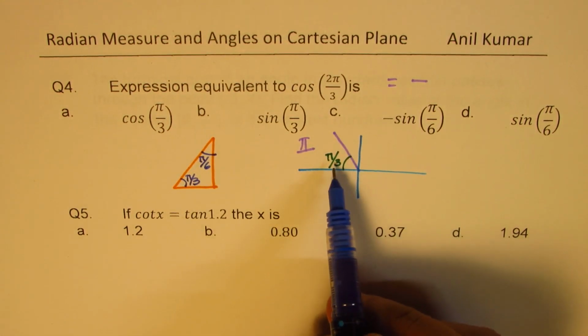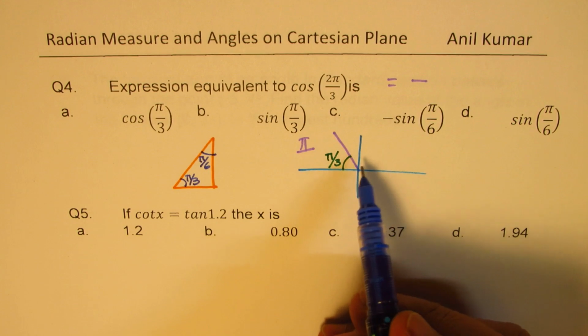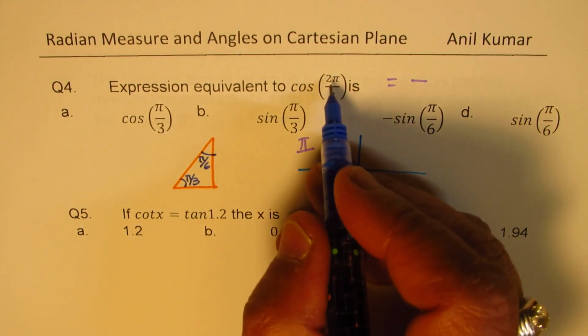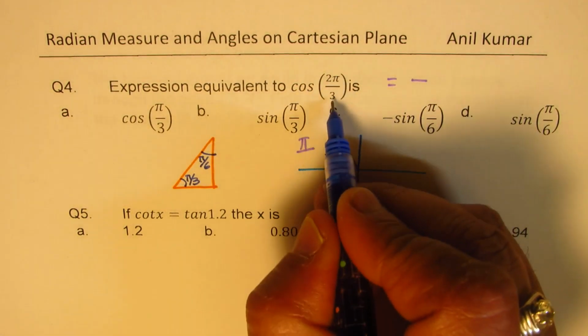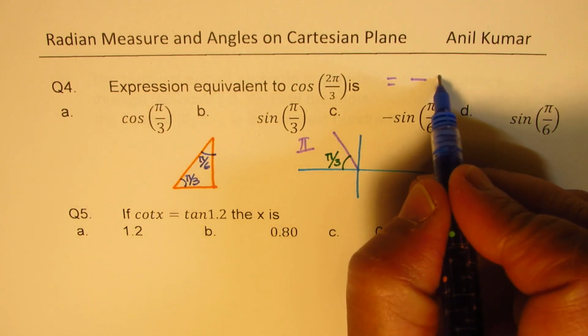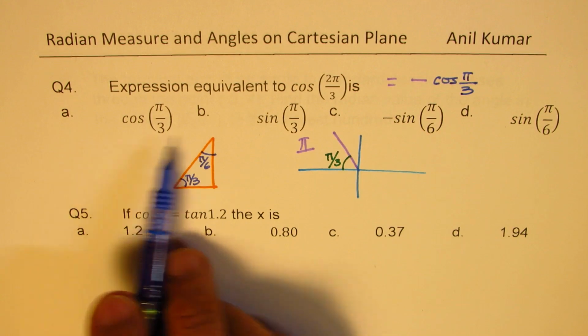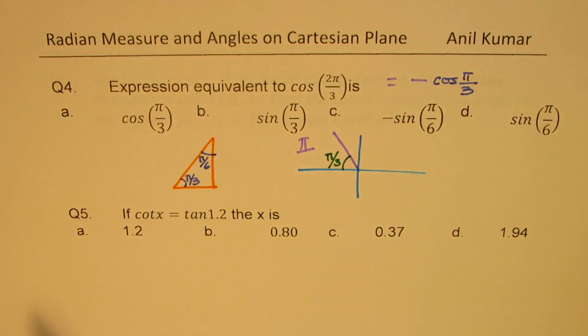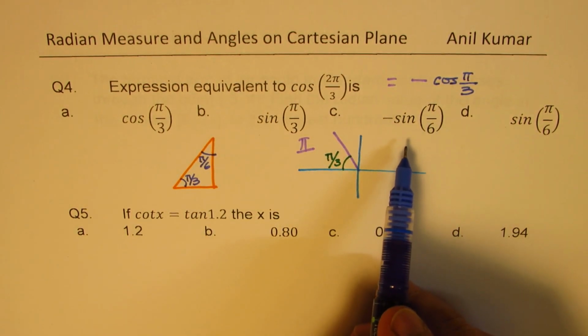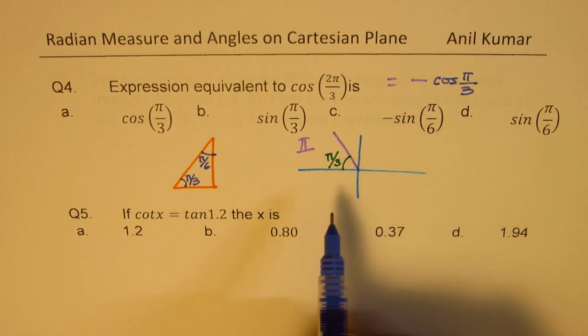So cos of 2 pi by 3 is the same as minus of cos of pi by 3, correct? We don't have minus of cos of pi by 3. However, we have minus of cos of pi by 6.